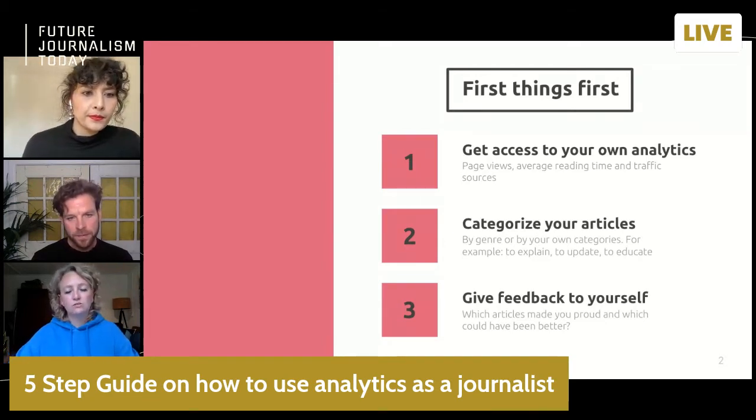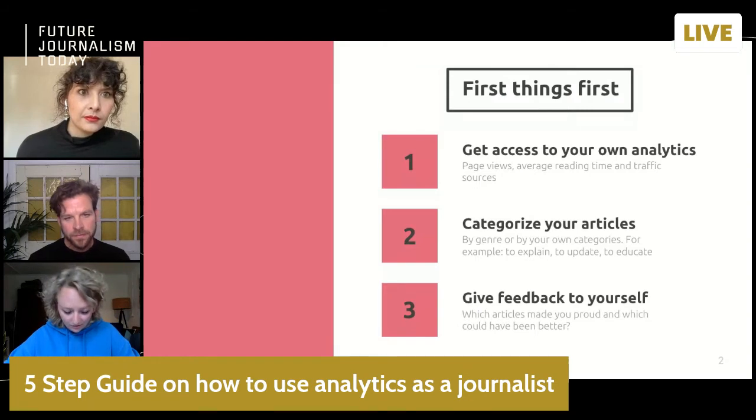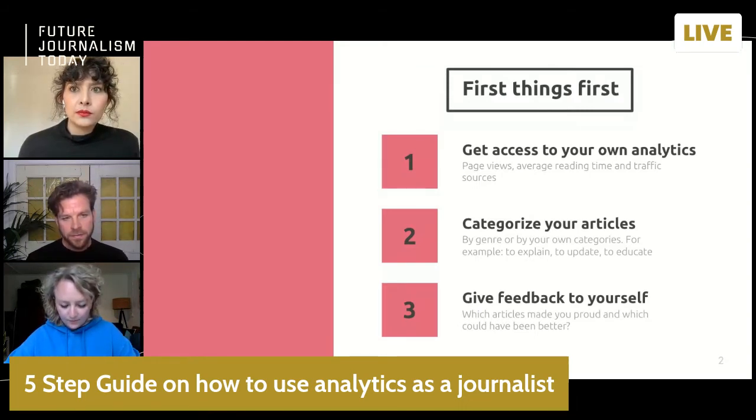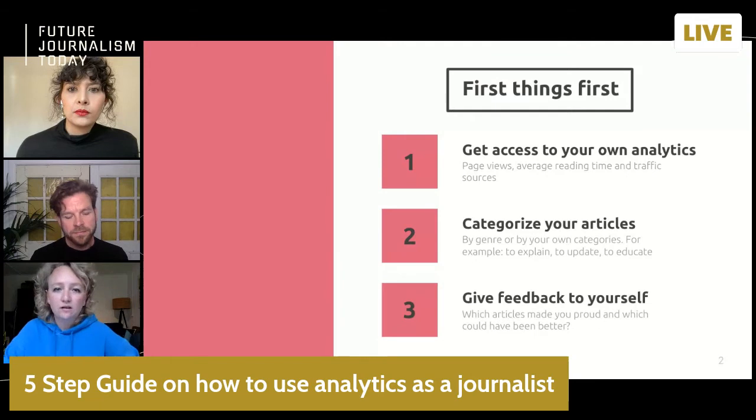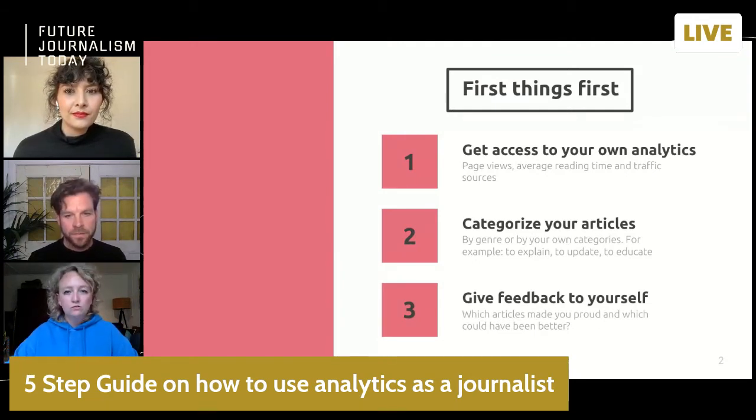What you do then, the second step, is to categorize your articles. I did this for my own newsletter a while back, and when you work in a newsroom, you can use genres, or you can make your own categories, like to explain or to update or to educate.